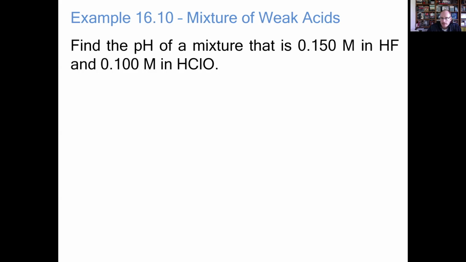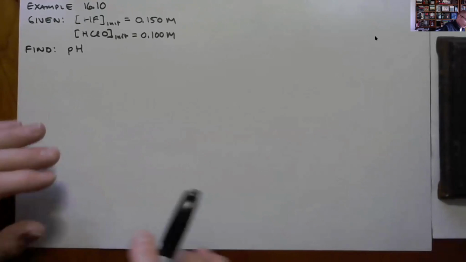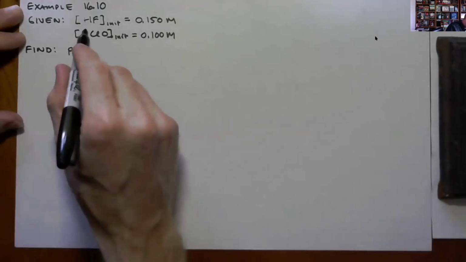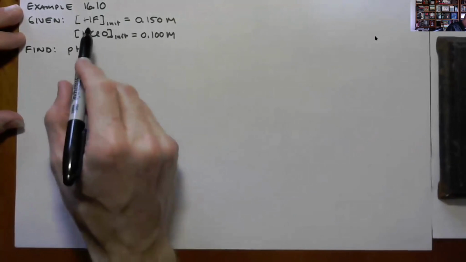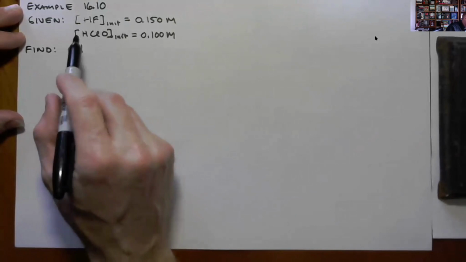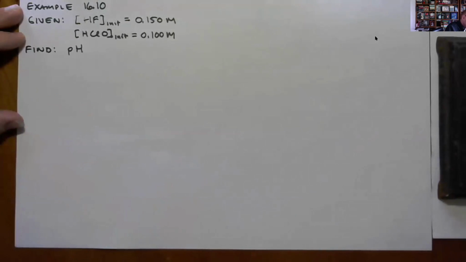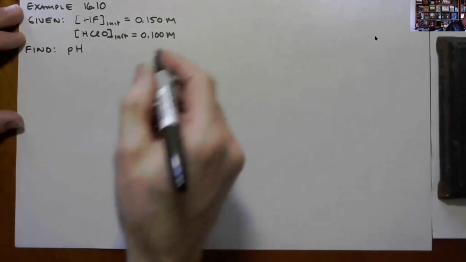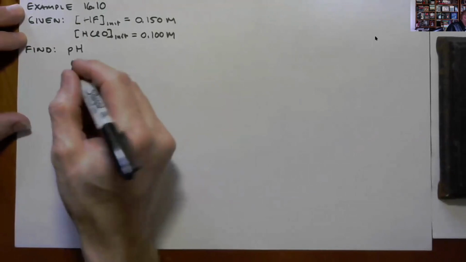Here in example 16.10, we have a mixture of two weak acids, and notice the concentrations are comparable. Okay, so example 16.10, we're given the initial concentration of our hydrofluoric acid and that of our other acid. All right, well, find the pH.